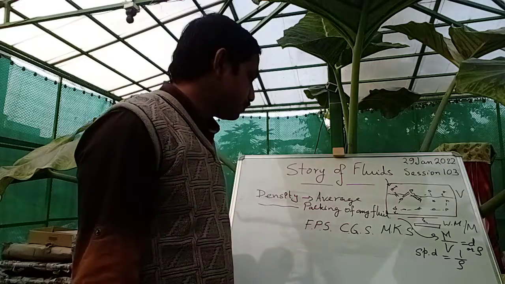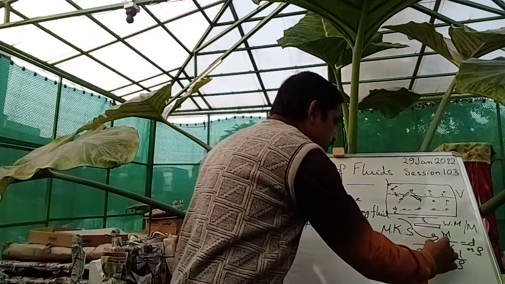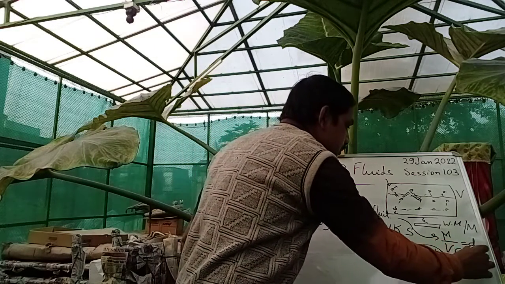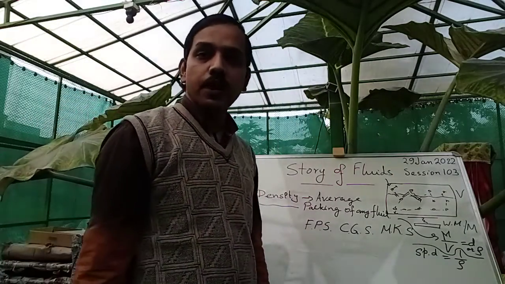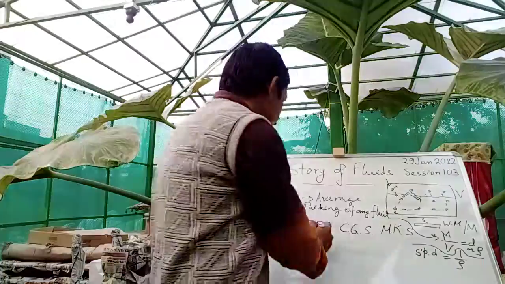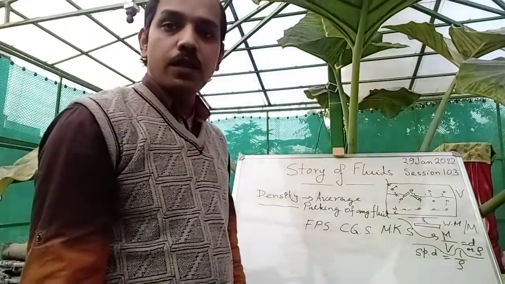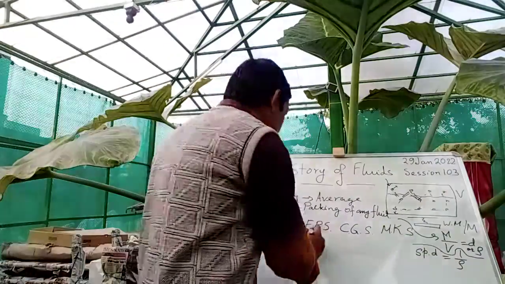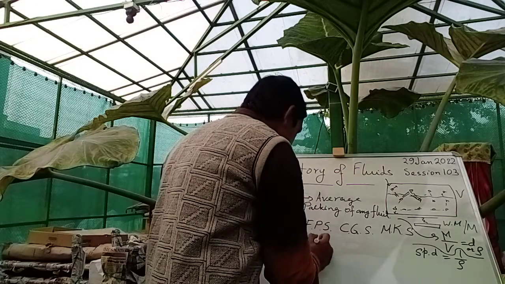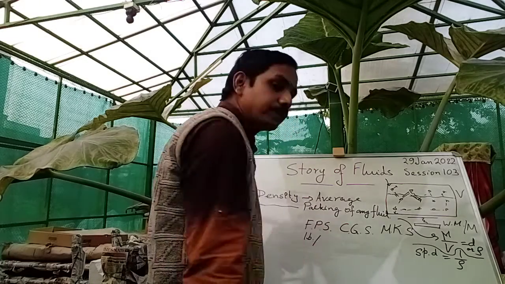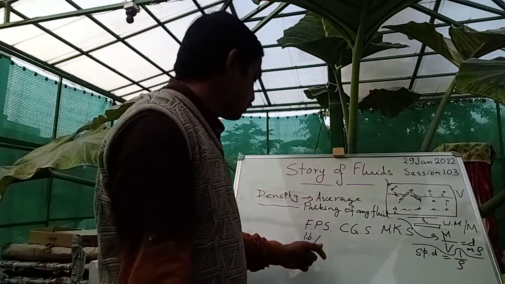So let us talk about the density. Density is mass in, maybe, pounds, divided by volume, cubic feet.